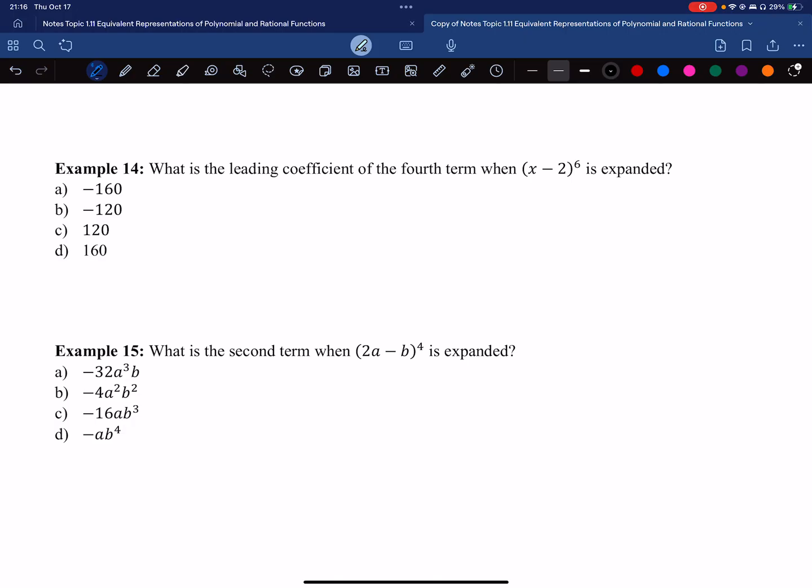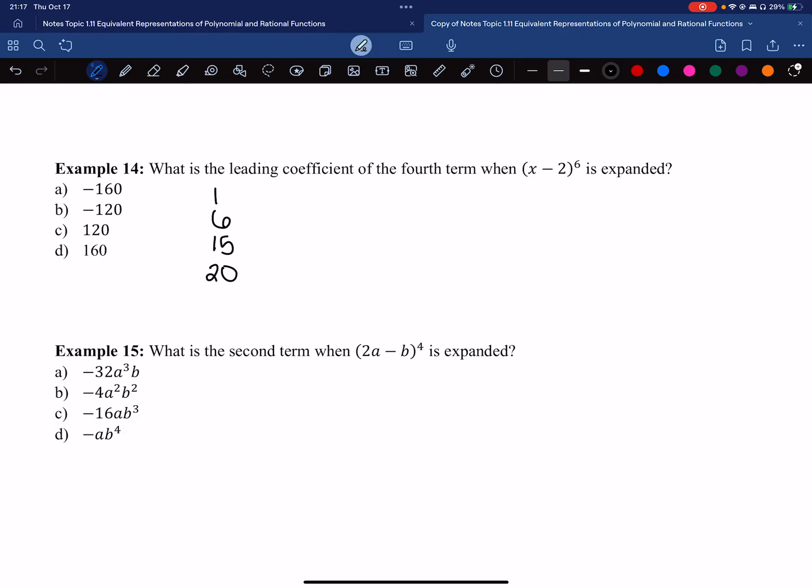So, we want the sixth exponent, and we want the fourth term. So, we have 1, 6, 15, and 20. That would be the fourth term. Then you have to keep that part separate from when I was talking about the calculator earlier.